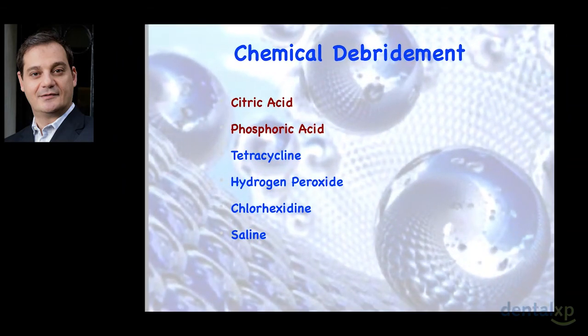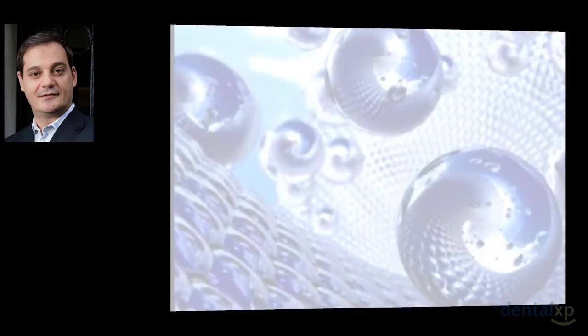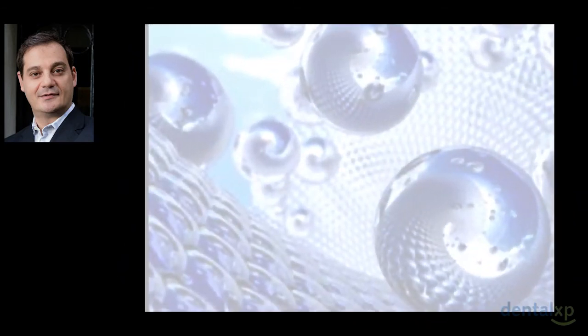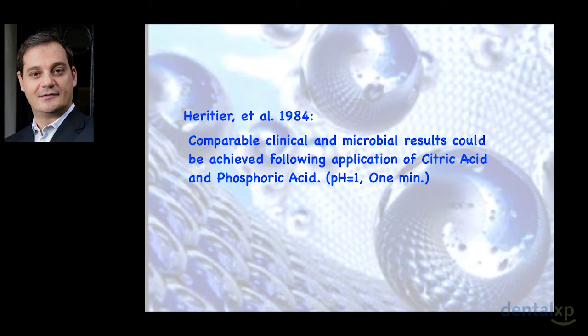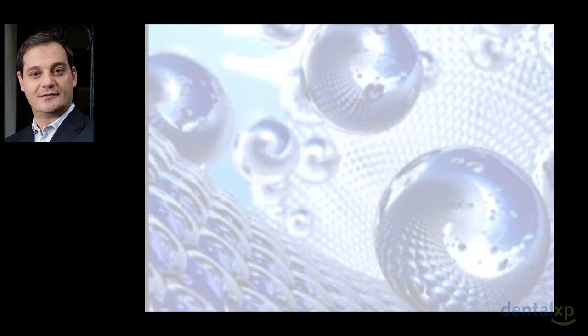How about the phosphoric acid? Not much has been talked about in the literature, but what we found in 1984 is that it has a clinical and microbial result comparable with the citric acid.